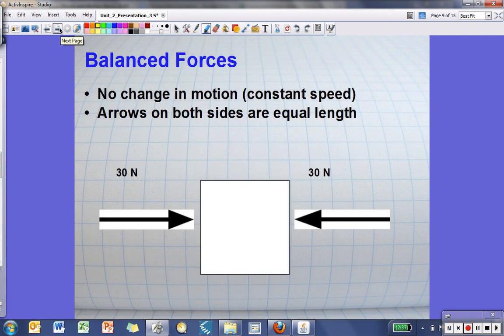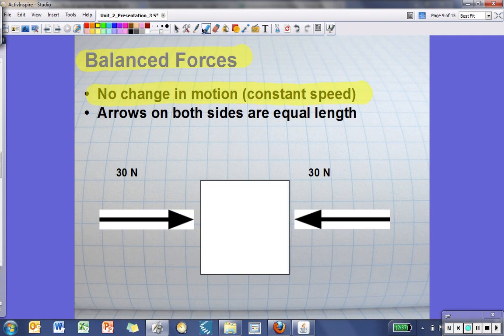One situation is called a balanced force. Balanced forces is when both arrows are equal in length on both sides. In other words, there's no change in motion; the object is going to stay where it's at.